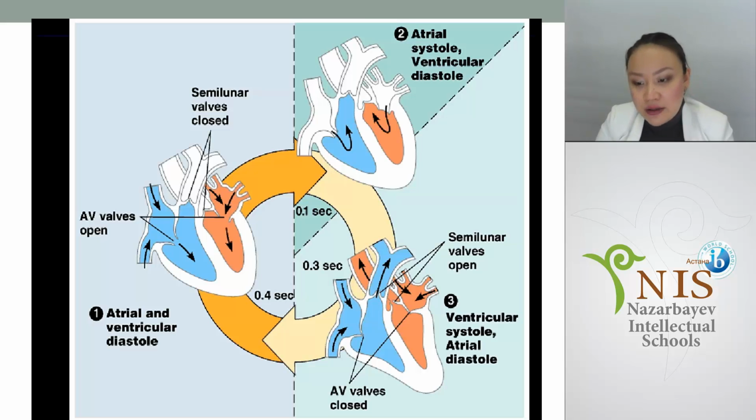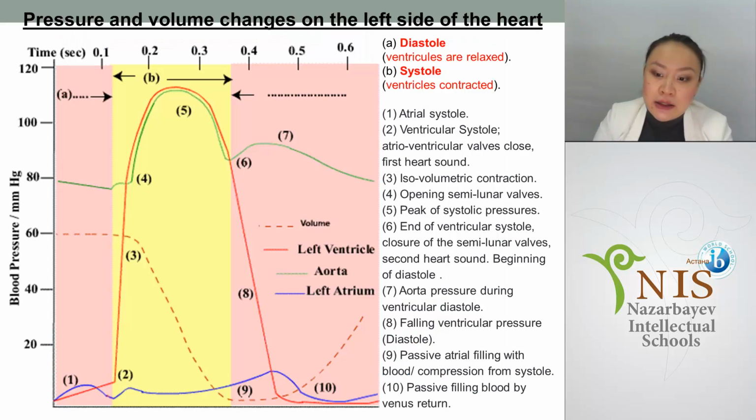Then the semilunar valves open, which means ventricular systole, atrial diastole. It takes 0.3 second, and the last, atrial and ventricular diastole, 0.4 second. Okay.